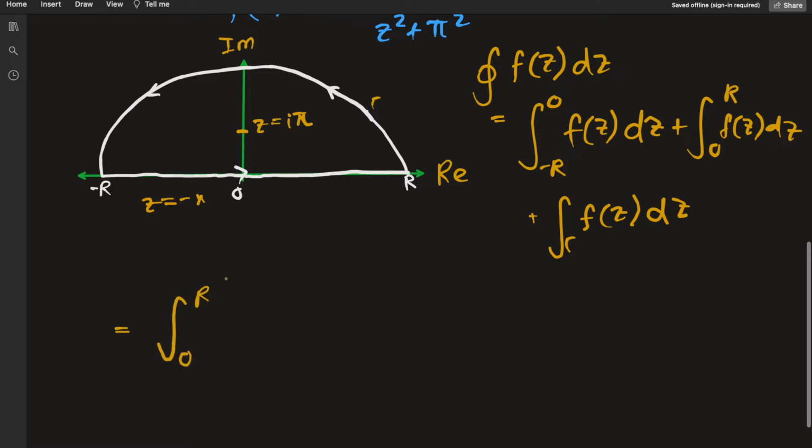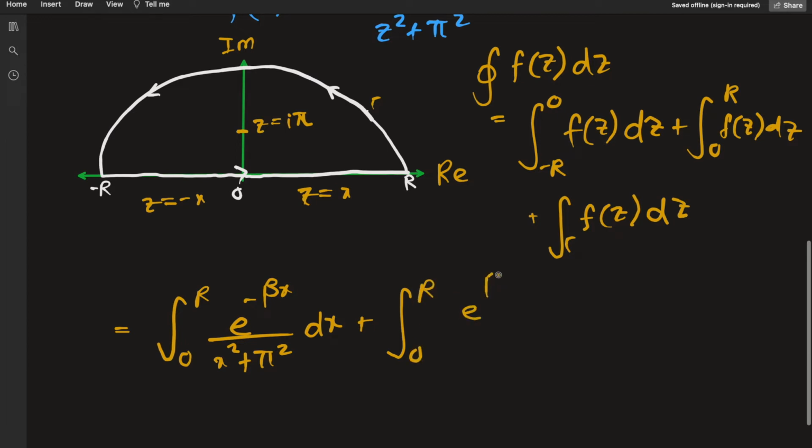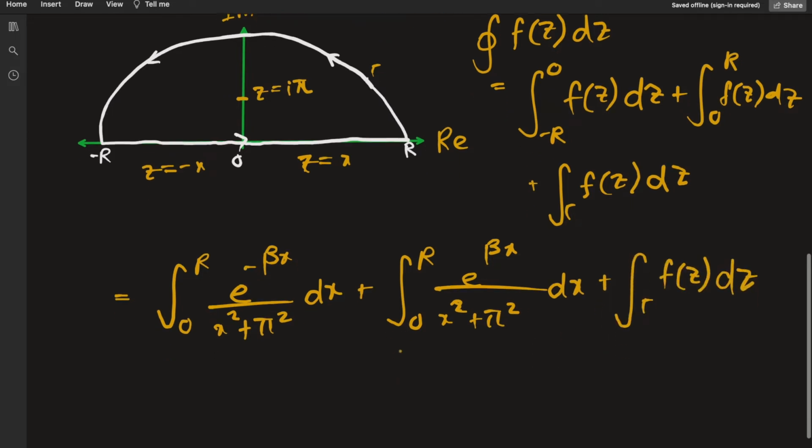We end up with the integral from 0 to r of e raised to negative beta x divided by x squared plus pi squared dx, plus, on this path where z is equal to x, the integral from 0 to r of e raised to beta x divided by x squared plus pi squared dx, plus the integral over gamma of f of z dz.